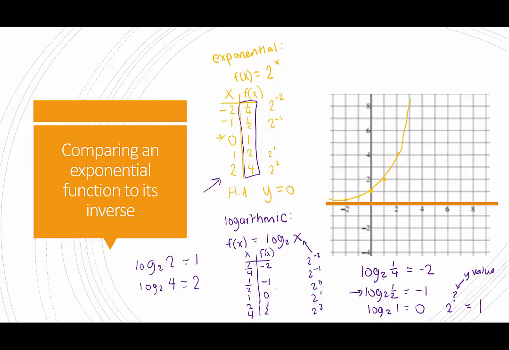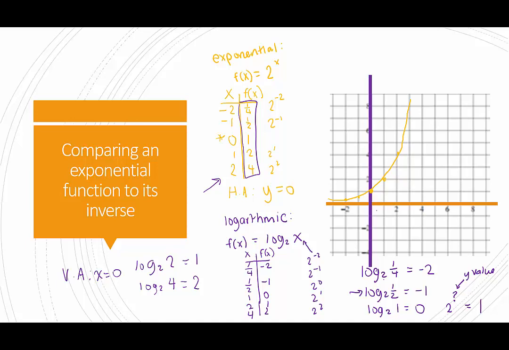Okay, so what's the graph of my logarithmic? Well, one thing I want to start with, the logarithmic function is going to have a vertical asymptote. This is a parent function, so the vertical asymptote will be at x equals 0. So I want to start with that. There it is, gorgeous. And now let's graph these points. So 1/4, -2. So the entire logarithmic function graph is going to be to the right of that purple asymptote.